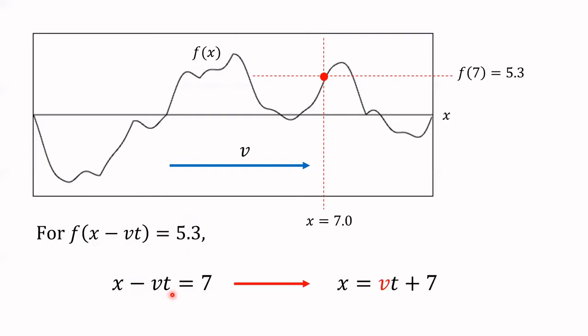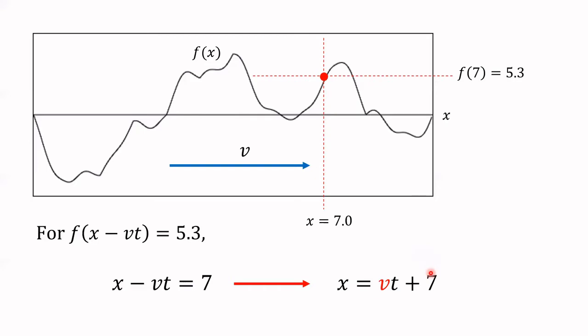Solve this for x, and you get a familiar looking equation, because you've all taken mechanics. You all remember your constant acceleration kinematic equations. This is the equation that describes the one-dimensional motion of a particle moving at constant speed v, and this would happen to be its initial value.